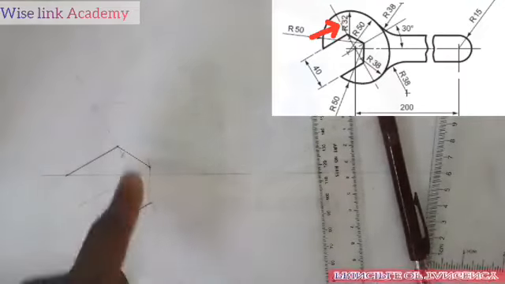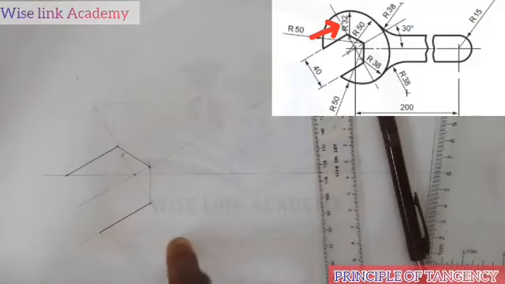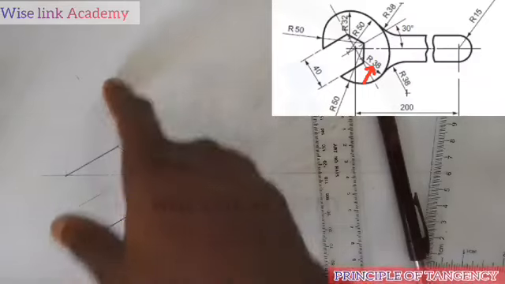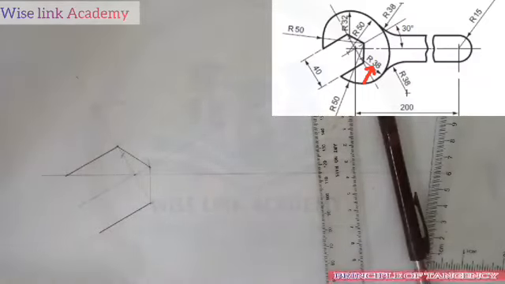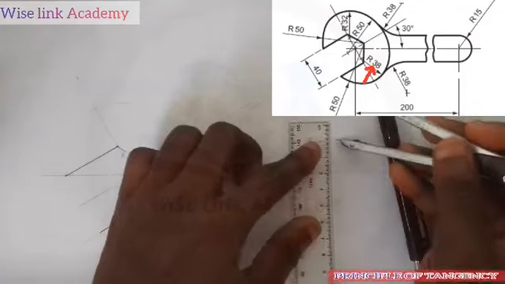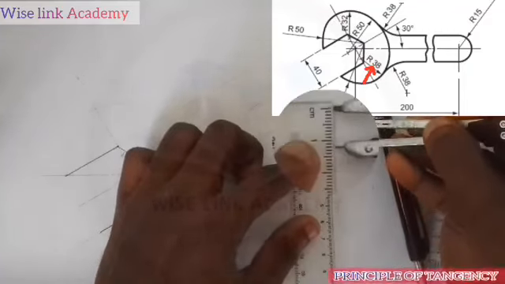As you can see what I did, right? Next up, if you observe, there is also an arc of 38 here. So subtracting 38 from 50, I will have 12. So I'll measure 12 from this point to this point, 12.